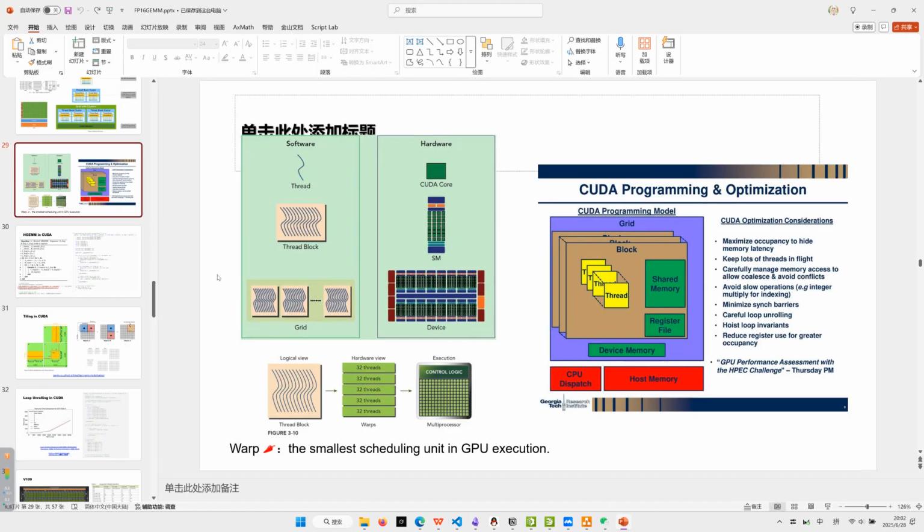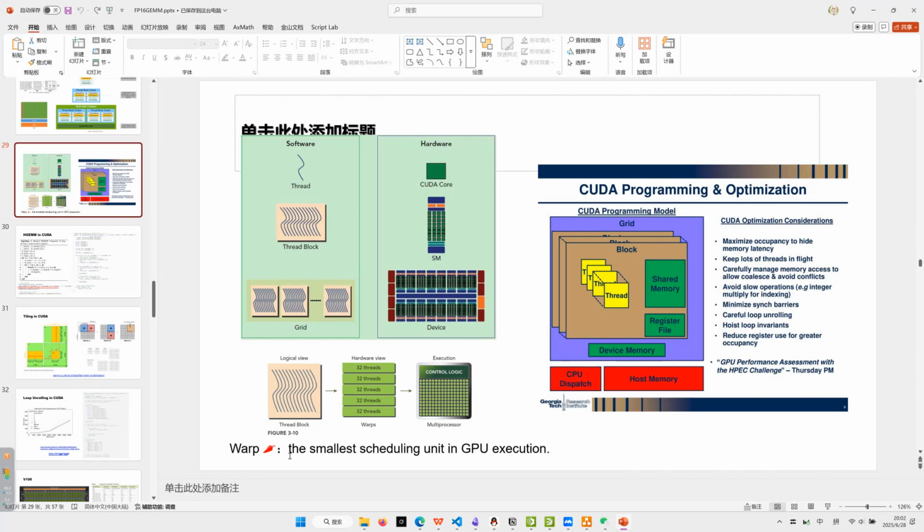Thread, block, and the grid are the virtualization in the software, while in the hardware they are implemented using CUDA cores. One CUDA core is in one-to-one correspondence with one thread, one SM corresponds to one thread block, and one device corresponds to the grid.